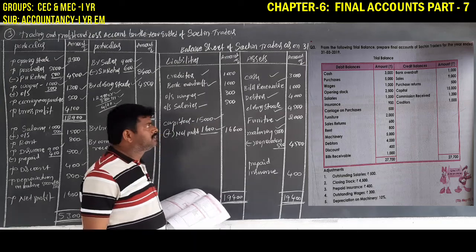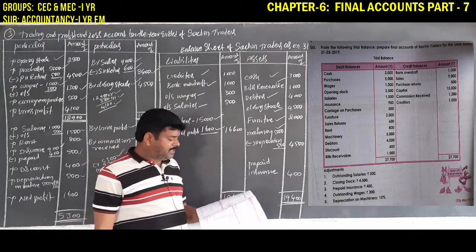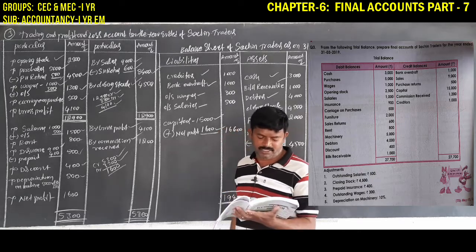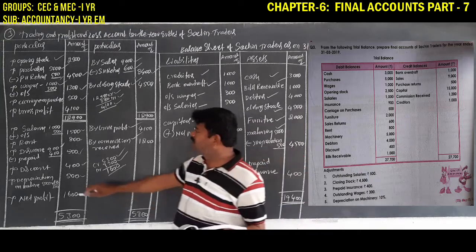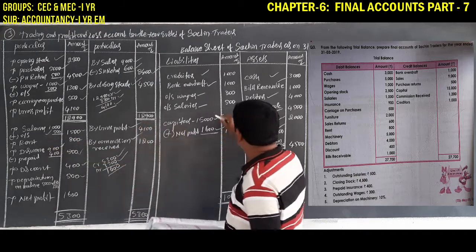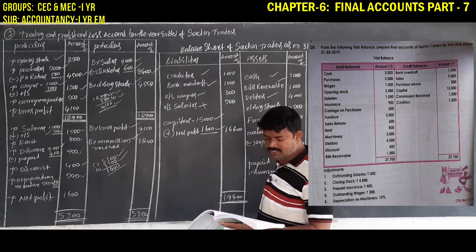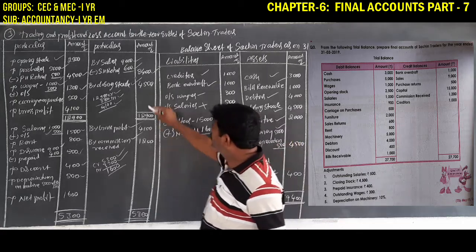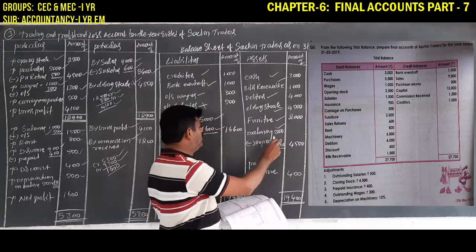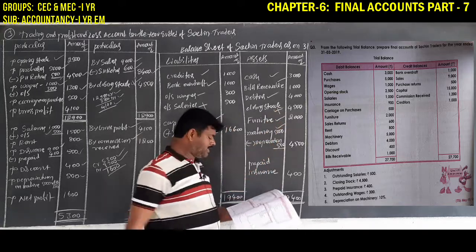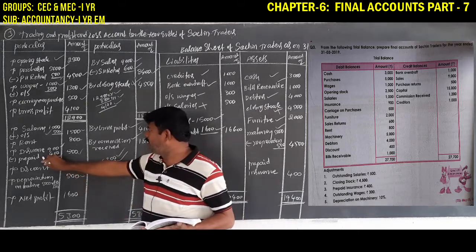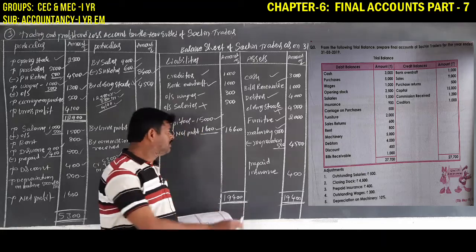After that, we check whether all adjustments are recorded twice or not. Outstanding salaries, this is the outstanding salaries. First one, the same amount is recorded here only. Next, second one, closing stock, the same closing stock is recorded here only. Next, prepaid insurance is recorded here as well as on the asset side.